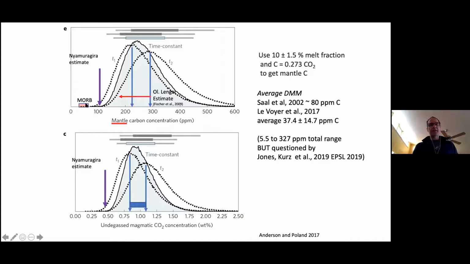But the point is, everything is a little bit higher than MORB, mid-ocean ridge basalts. The most recent estimates of mid-ocean ridge basalts are about 37 plus or minus 14 parts per million. So this is an illustration of how we can estimate carbon contents of the undegassed magma, and therefore also the undegassed mantle that is supplying the CO2 to these volcanoes.